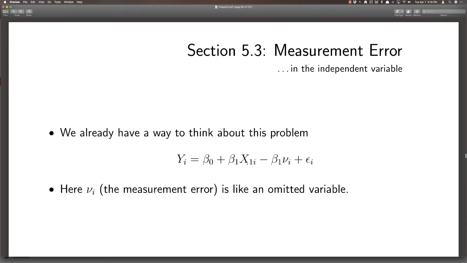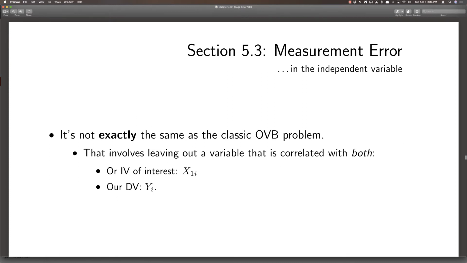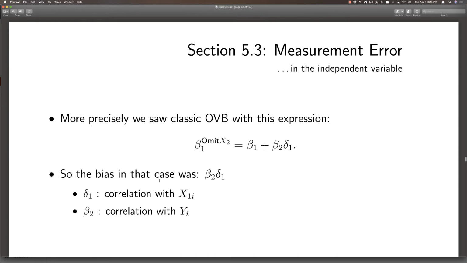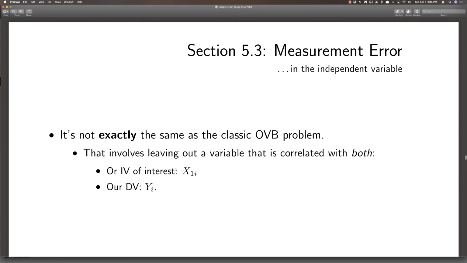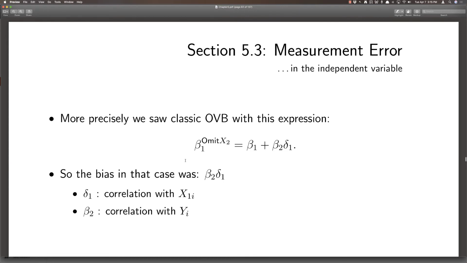We can observe X1, but we can't observe the random error because we don't know what the true X1 star is. It's not exactly the same as classic omitted variable bias. Omitted variable bias involves leaving out a variable correlated with both X and Y. In this situation, the error is not correlated with both X and Y. The error is only correlated with X, but it's still going to have a problem.